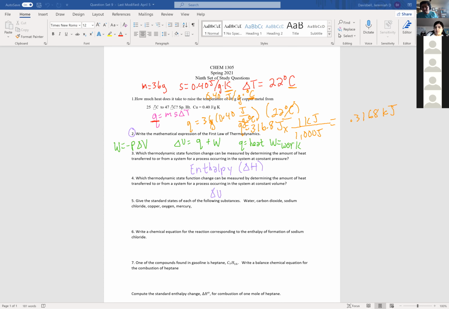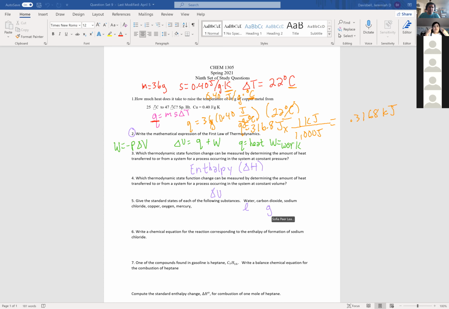So water, how do we usually find water? Liquid. What about carbon dioxide? I heard solid for carbon dioxide. Gas. It's a gas, right? Remember, you breathe in oxygen, you breathe out carbon dioxide, right?